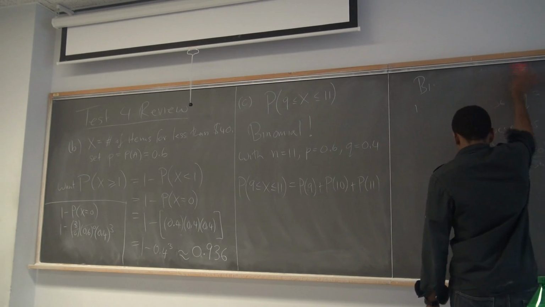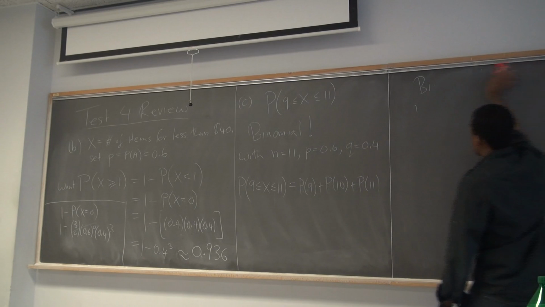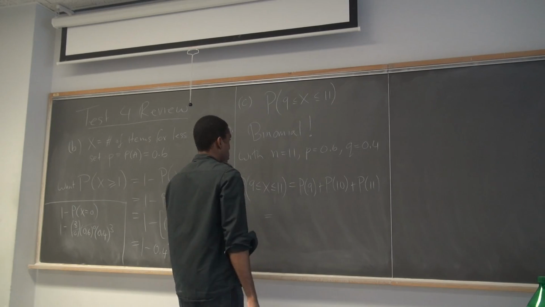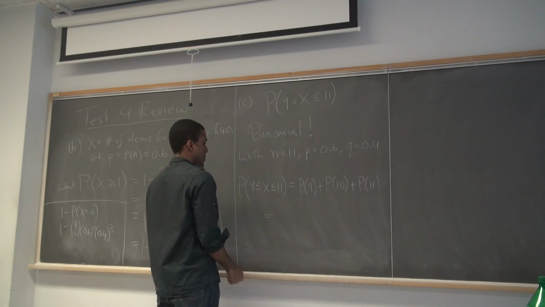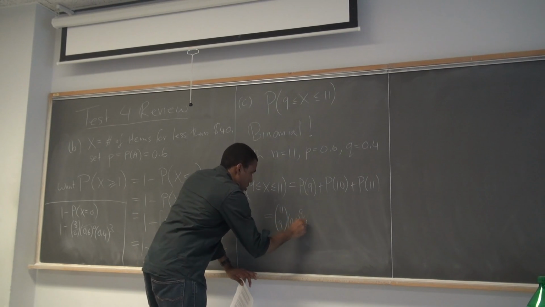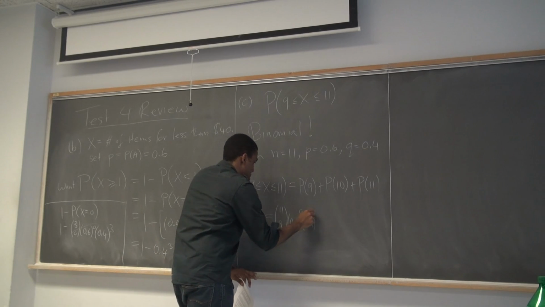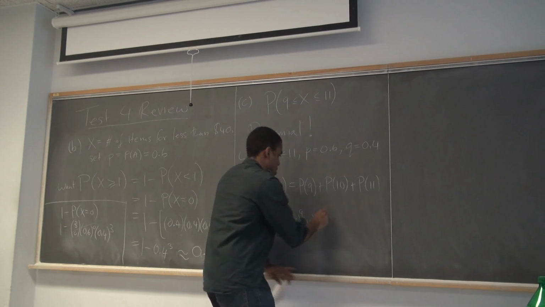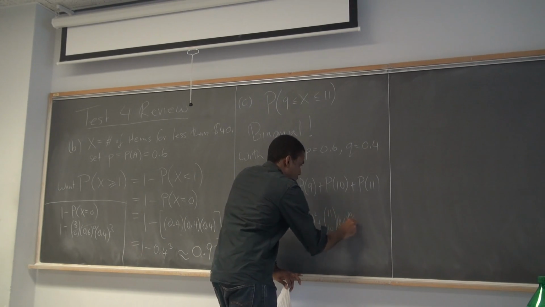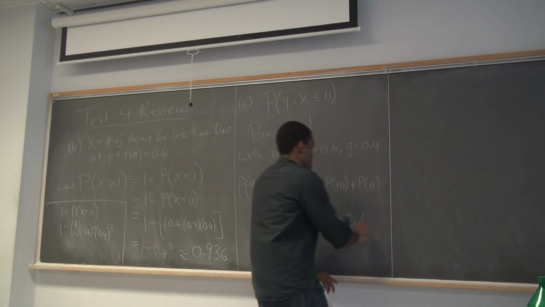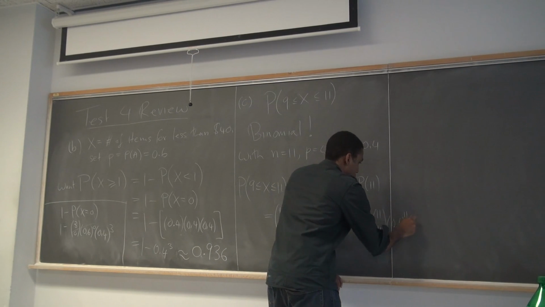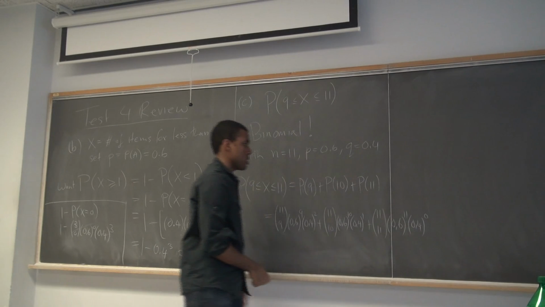So this is going to be 11 choose 9, 0.6 to the 9, 0.4 to the 11 minus 9, plus 11 choose 10, p to the 10, q to the 11 minus 10, plus 11 choose 11, p to the 11, q to the 11 minus 11.